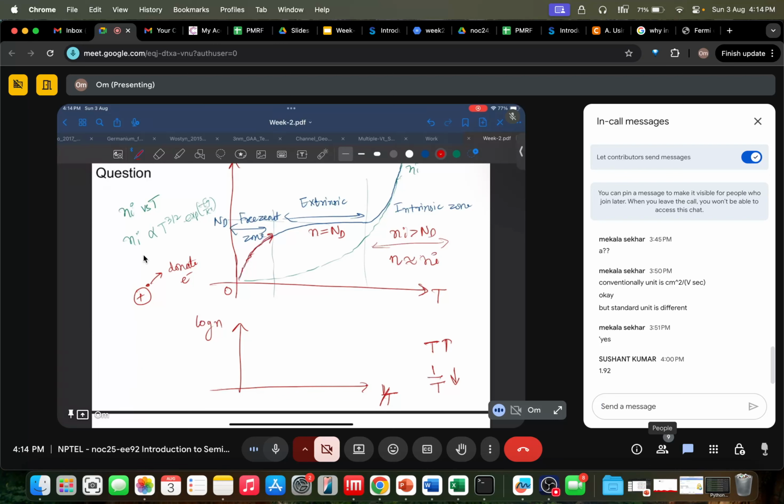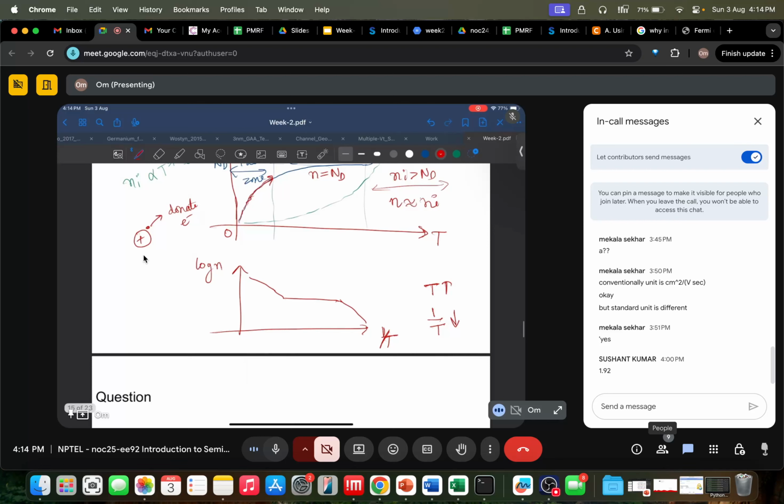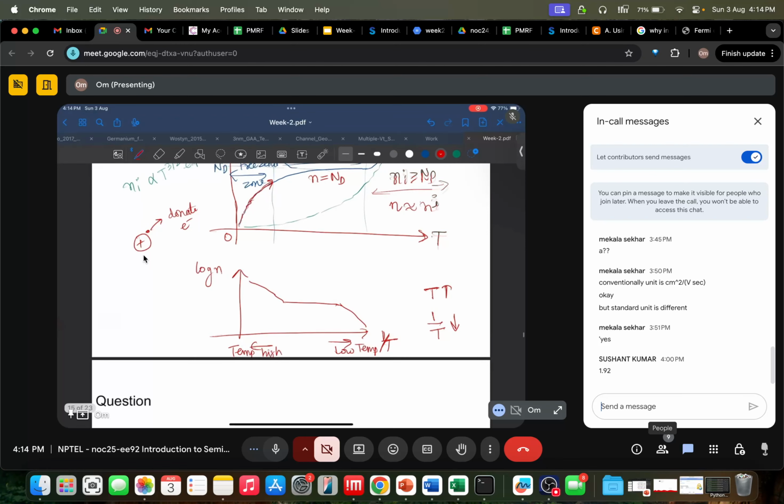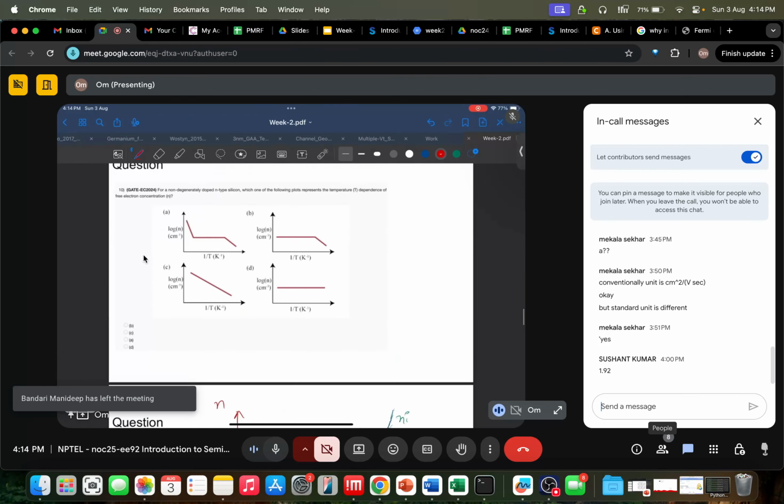So the plot will become something like decreasing, then constant, and decreasing again. This region is high temperature, this is low temperature, right? So the answer will be option A.